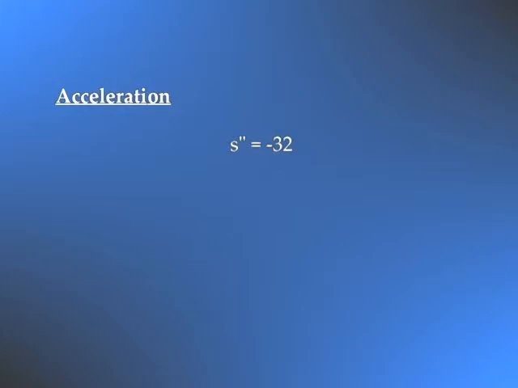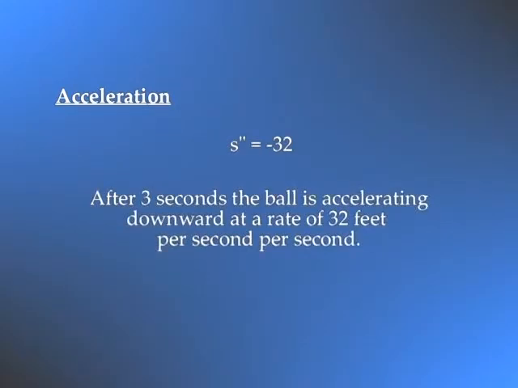Once we take the second derivative to be negative 32, we know that after 3 seconds and after any particular point in time, there's no variable t in it to change anything, so after any point in time, the acceleration, and this is an acceleration due to gravity, is 32 feet per second per second. So after 3 seconds, the ball is accelerating downward at a rate of 32 feet per second, or we could say 32 feet per second squared.